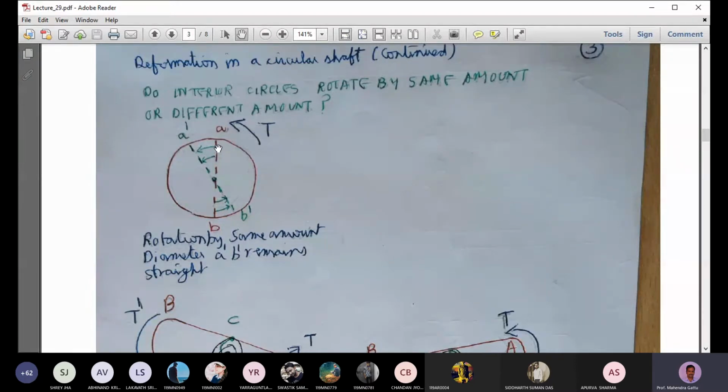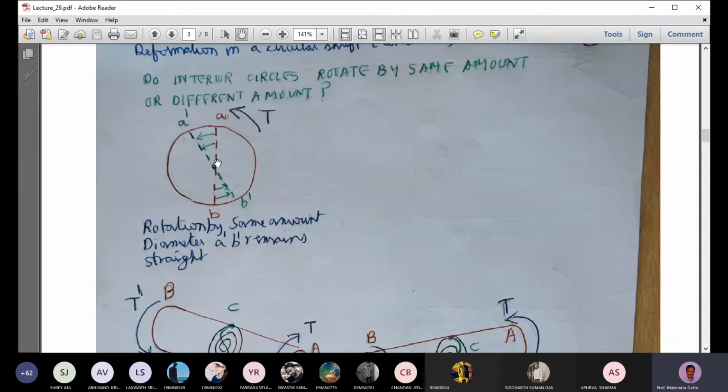If all the circles, interior and exterior, rotate by the same amount, that means if they rotate by theta, then we'll get A prime, B prime, and we'll get a straight line. So the diameter sketched here, AB, on rotation will continue to remain straight. This is the case when all the circles rotate by the same amount.